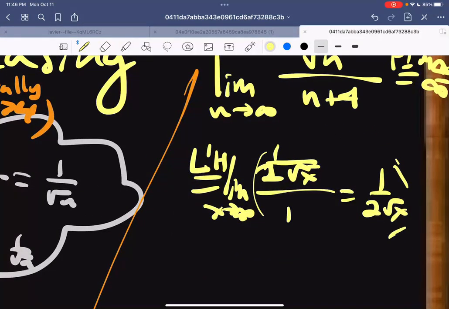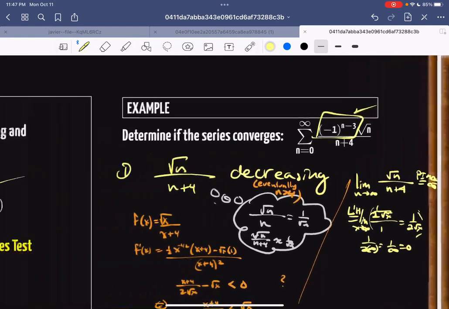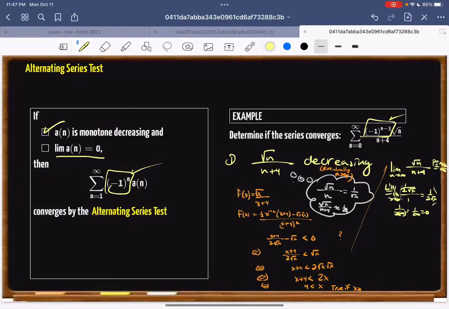And that's going to give us 1 over 2 times infinity, which of course is 1 over infinity, which clearly is 0. So it's pretty easy to show that that limit is 0. And that's it. Those are the two conditions you need, and you've got convergence due to the alternating series test. Okay?